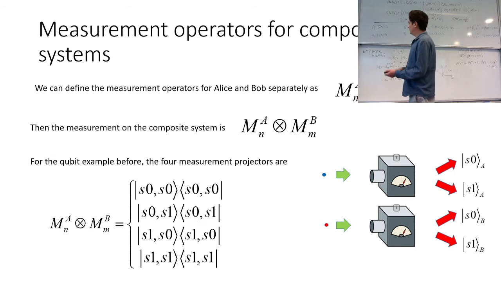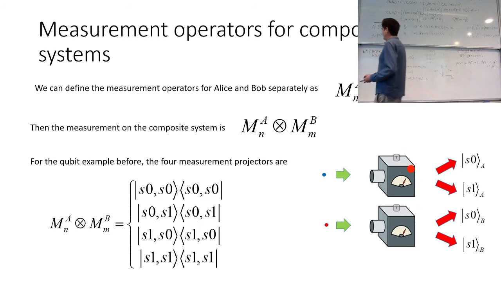And then the combined measurement operator for both of them, because we're doing measurements on both of them, would just be the tensor product of both of these. So if we just do the first one, say MA 0 times MB 0 would be S0,0, so that's the measurement operator for Alice, and S1 is 1, the measurement operator for Bob.